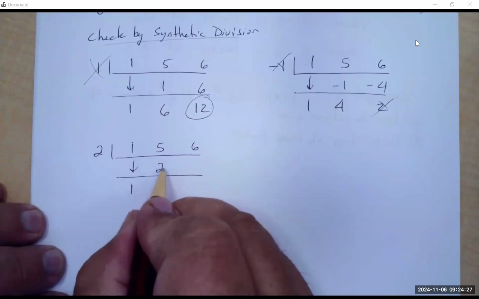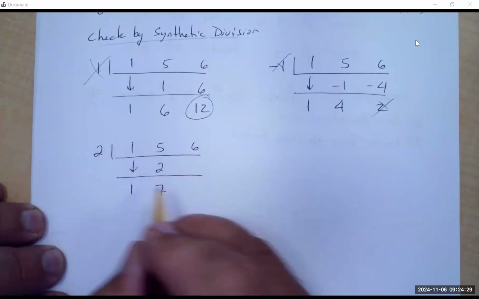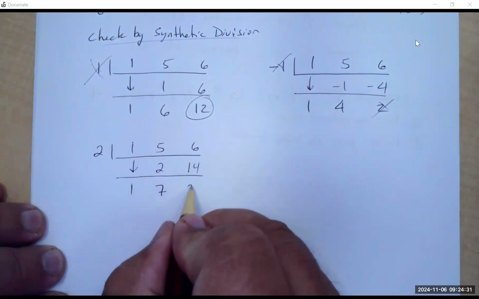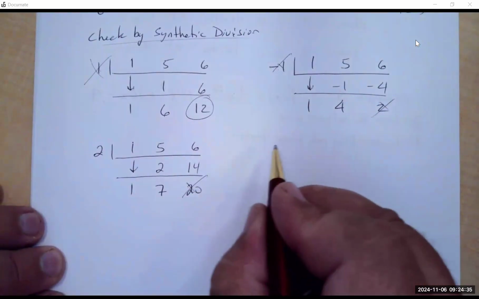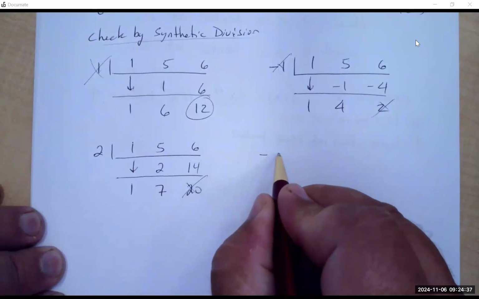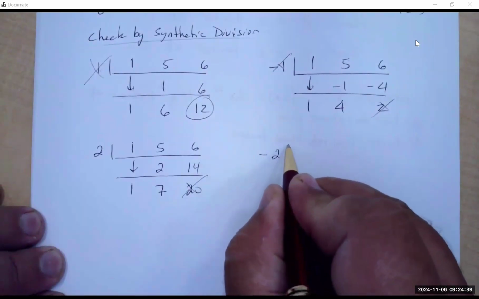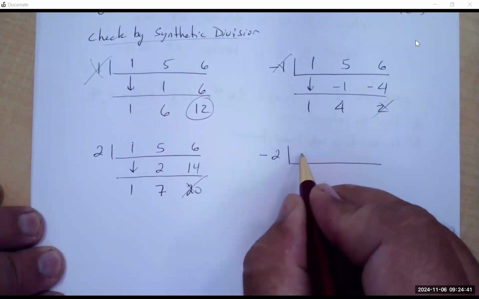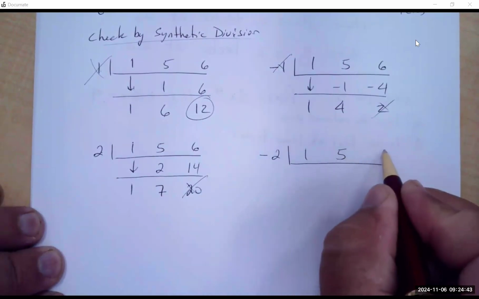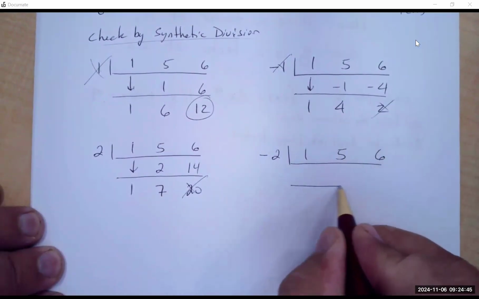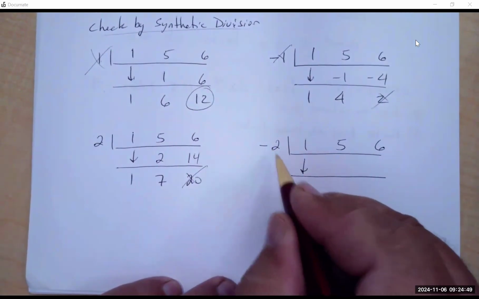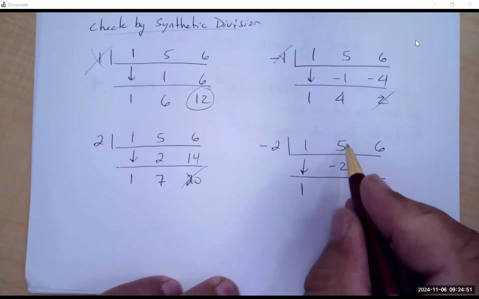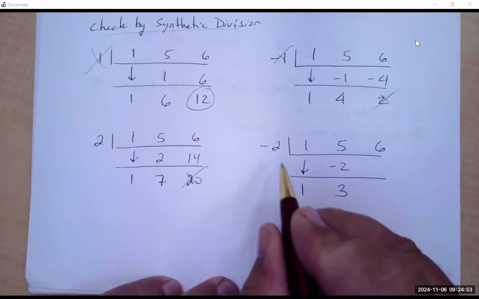Two times 1 is 2. 5 plus 2 is 7. 2 times 7 is 14. That doesn't work. So we'll try negative 2. Negative 2 times 1 is negative 2. 5 minus 2 is 3.